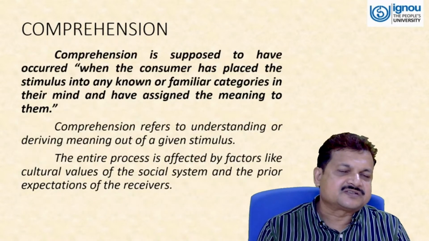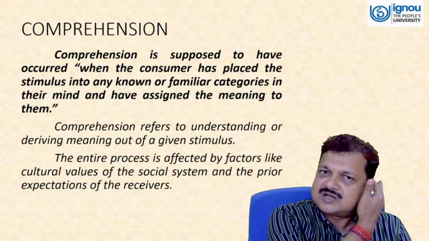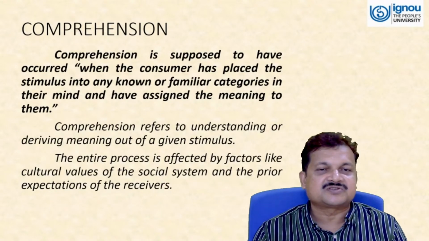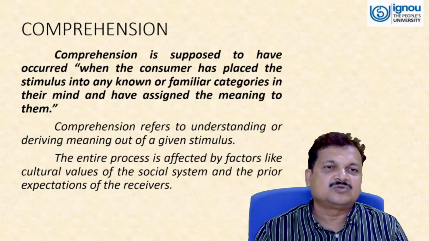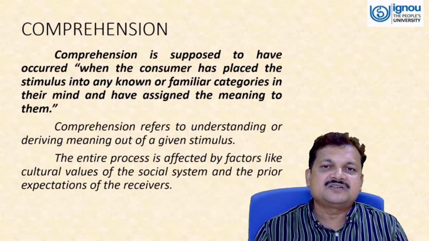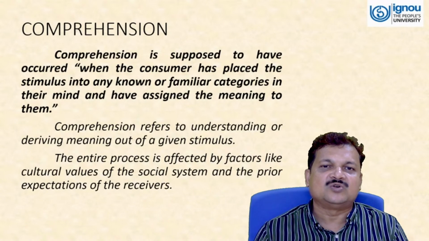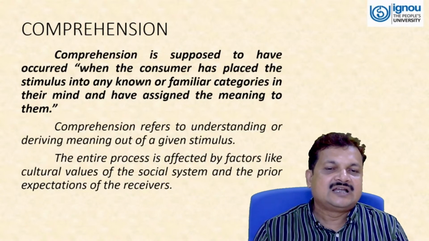Now comprehension. The next stage is comprehension: what we comprehend when the information comes in, and that is what we store. Comprehension is supposed to have occurred when the consumer has placed the stimulus into known or familiar categories in their mind and assigned meaning to it.